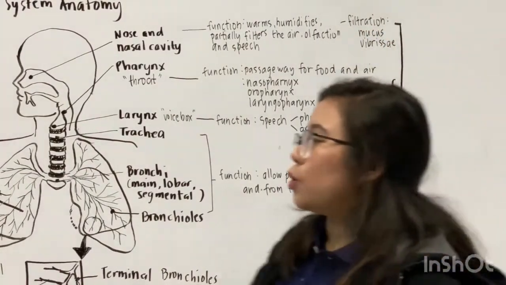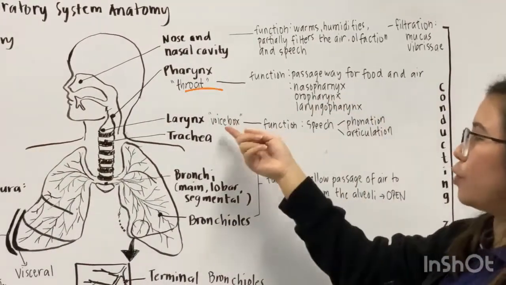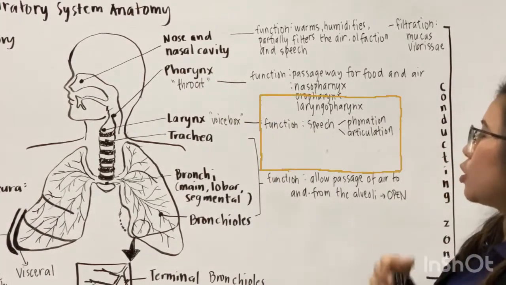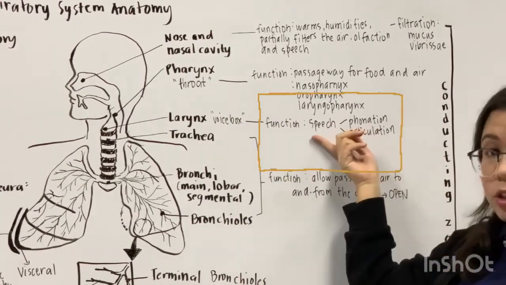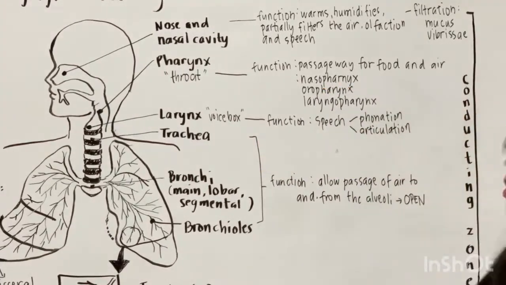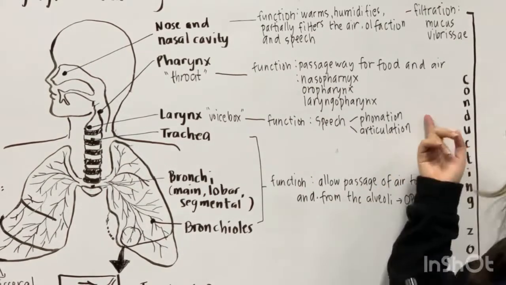Now let's move on to your lower respiratory tract. First, you have your larynx, or your voice box. The main function is for speech, and you have your phonation and your articulation. Speech is composed of 2 mechanical functions. First is your phonation.